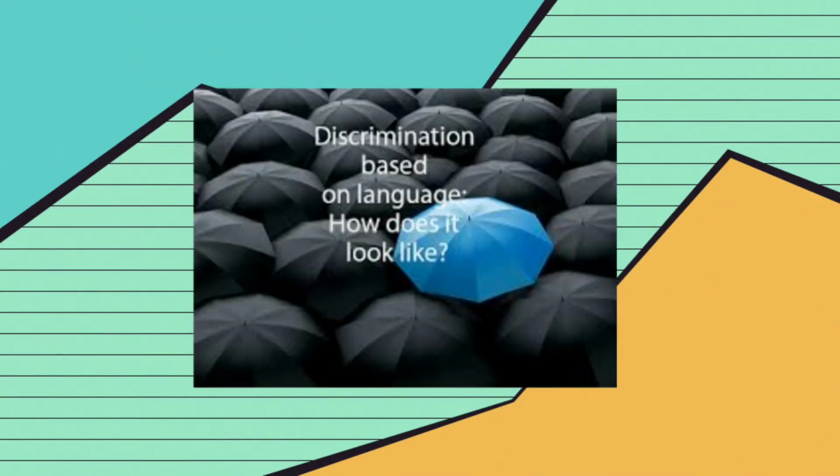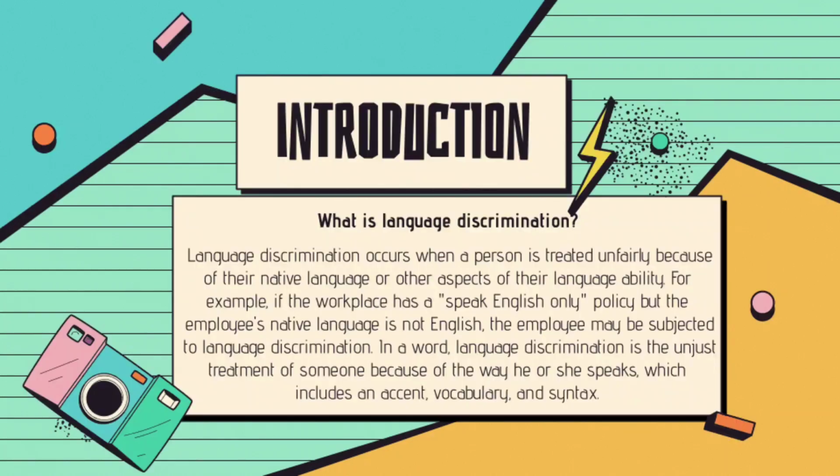So, what is discrimination based on language and how does it look like? So, here is the definition of language discrimination. Basically, language discrimination occurs when a person is treated unfairly because of their native language or other aspects of their language ability.